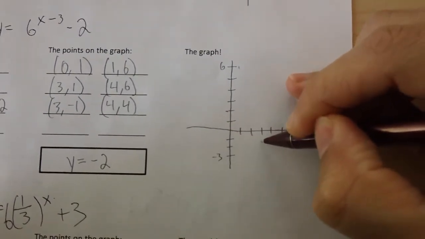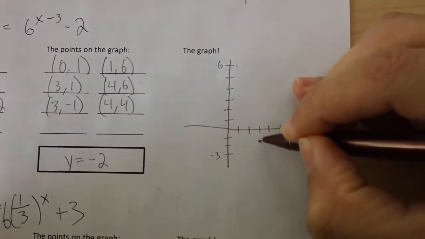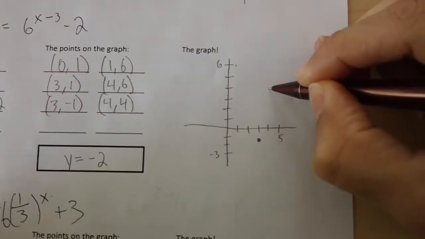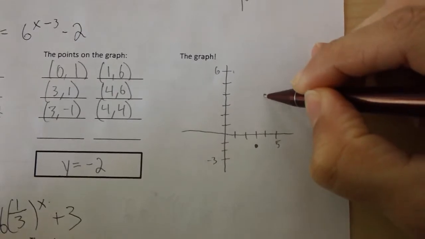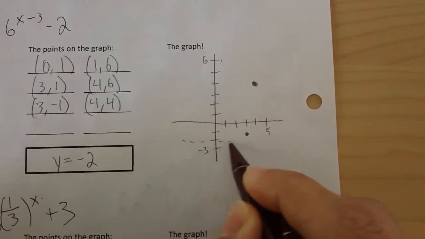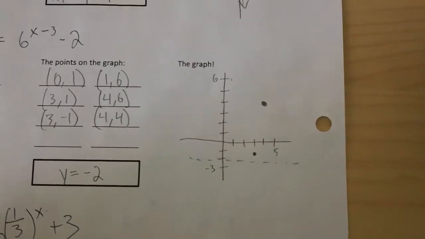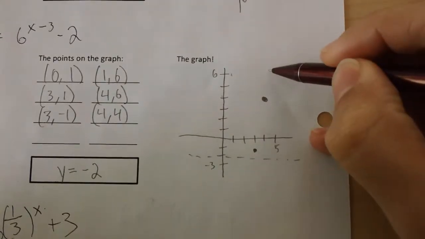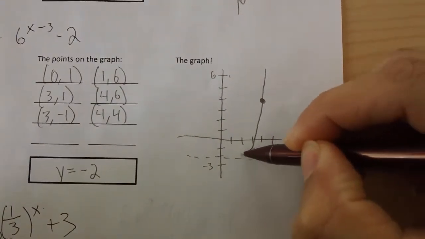So we have 3, -1. That's going to be right here. And 4, 4, 1, 2, 3, 4, over to 4 here. We have an asymptote here at -2. So it's going to curve in something very steep like that.